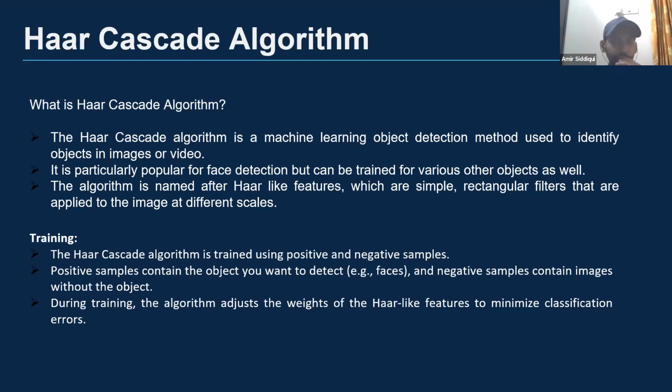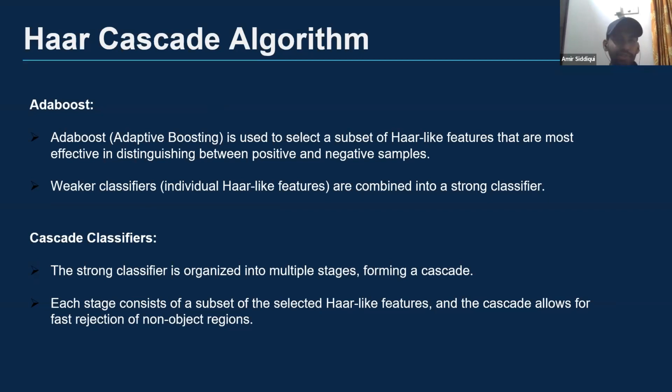Then it will create a box and move that box over the image, and it will try to detect the features. Once it detects the features, it will be able to identify the face of a person, the eyes of a person. So that is the Haar cascade algorithm, and it uses AdaBoost.